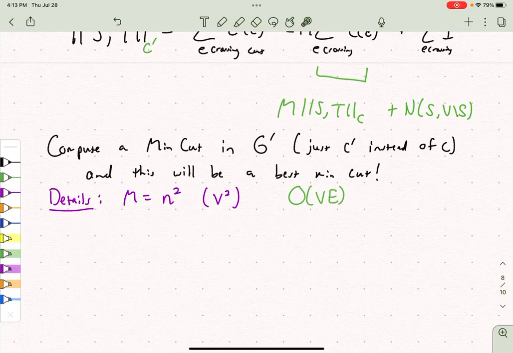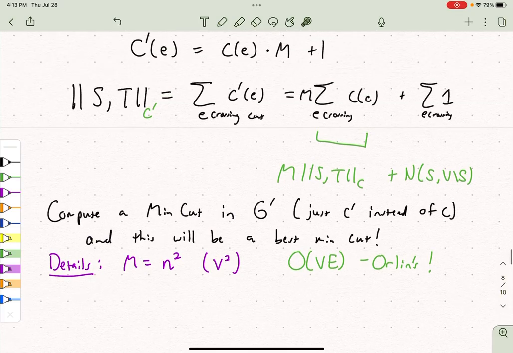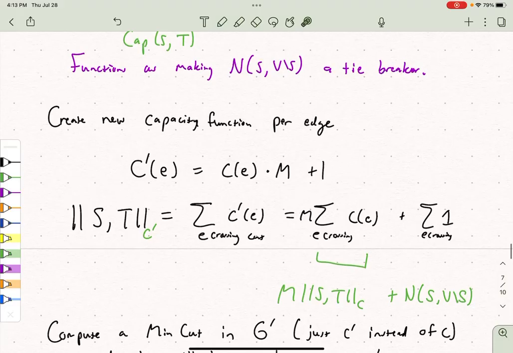Now, it's critical here that we're using, say, Orlin's algorithm, not Ford-Fulkerson. If we used Ford-Fulkerson, remember, it depends on the size of the max flow. And what we've just done here is we took a capacity which already could be big, and we blew it up. We made it huge. So the max flow value in this graph could be really big.